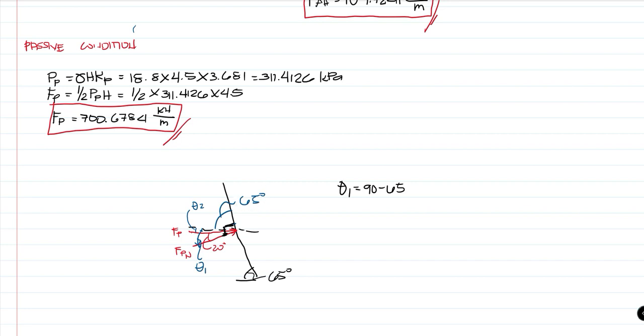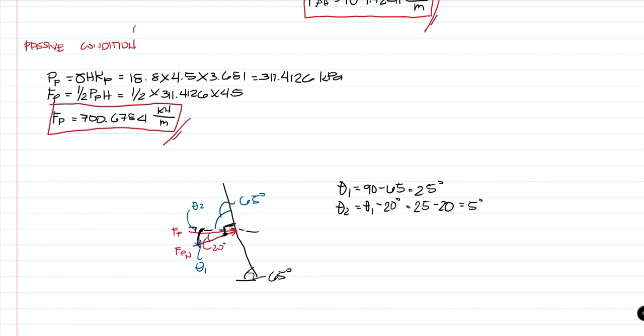So ideduct lang natin yun, makukuha natin si theta 1 which is still 25 degrees. Ngayon as you can see, kung ito si theta 1 at yung hinahanap natin is si theta 2 na yung maliit doon, so ibig sabihin, we can have theta 2 equivalent to a value theta 1 minus the 20 degrees. So that is equivalent to 25 minus 20. So our theta 2 will be 5 degrees.